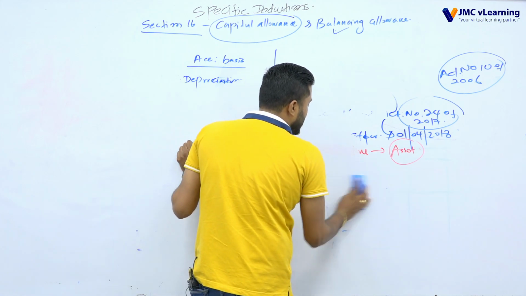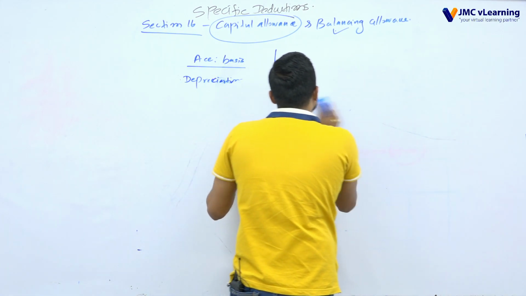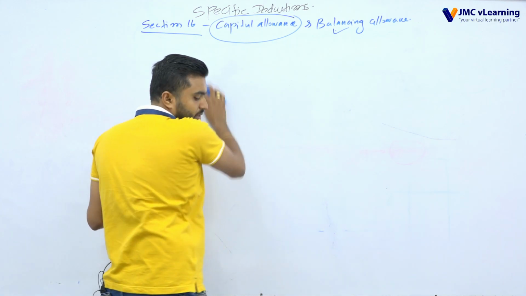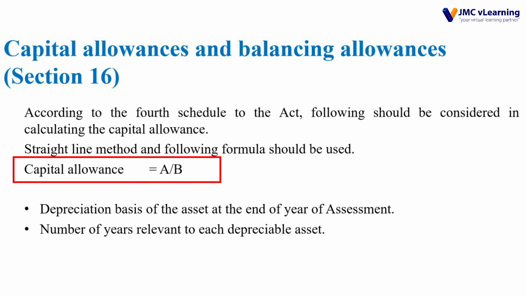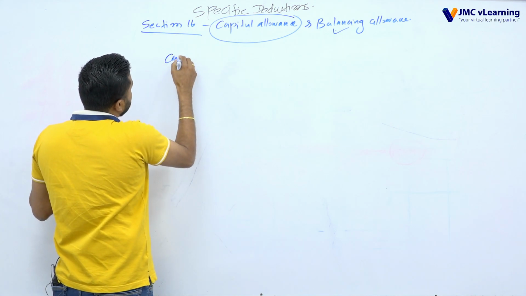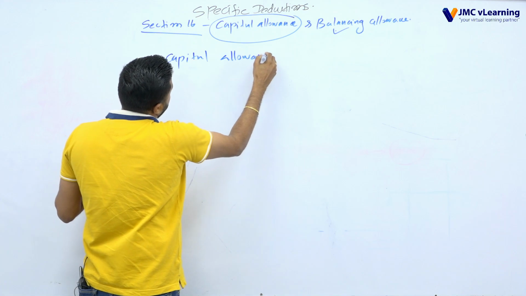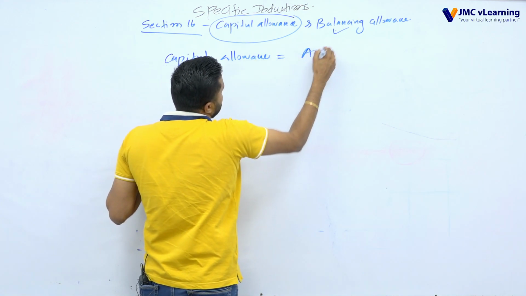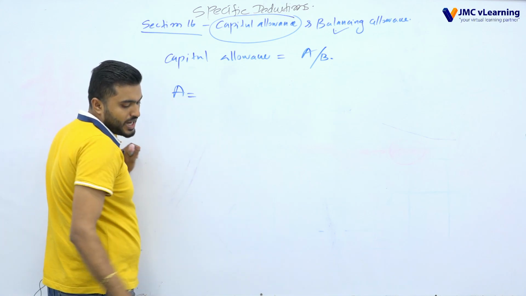So how can you calculate this capital allowance? In the Act they have defined it like this. The capital allowance should be calculated as A divided by B. Capital allowance equals A divided by B. Here A is defined as what?